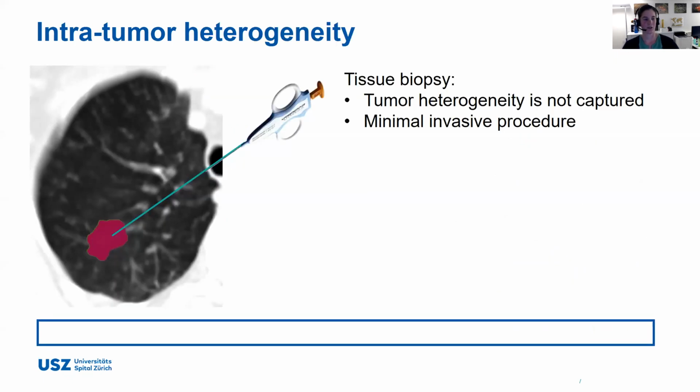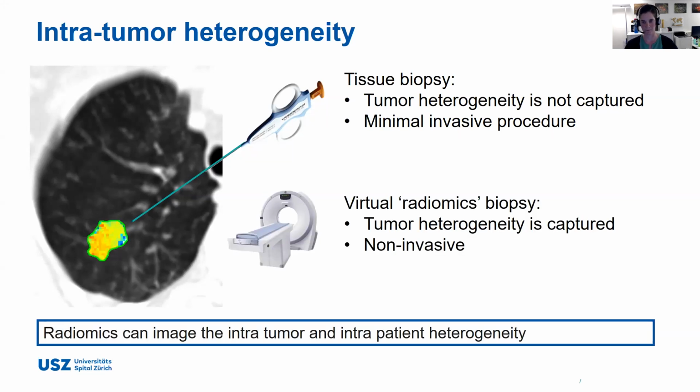Let's start with the intratumor heterogeneity. If we do a tumor biopsy, we can often only capture a certain point inside the tumor, or we can maybe do a template biopsy, but we are still very limited in the spatial resolution. Additionally, it's a minimally invasive procedure. If we do imaging, we have a much higher spatial resolution.